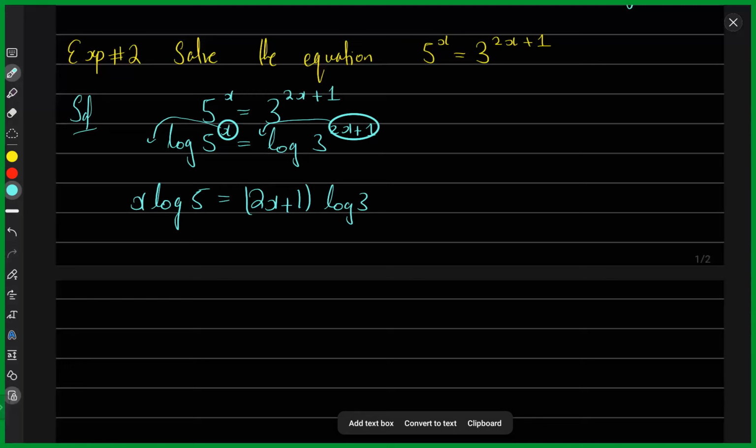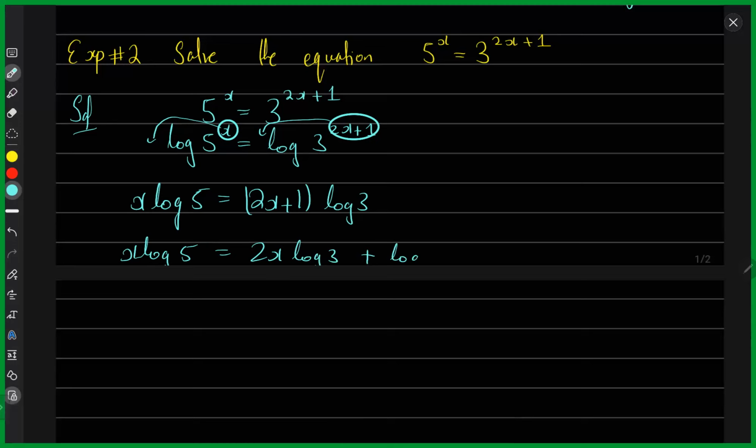I'm just left with this part. So I am going to expand it. This is x log 5 equals 2x log 3 plus log 3. I am going to take it on the other side. It would become x log 5 minus 2x log 3 equals log 3.